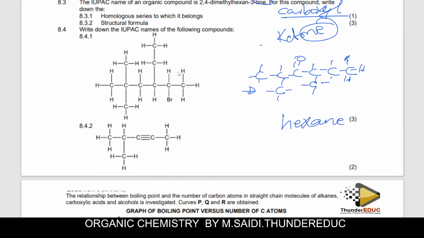Now I need to find the side groups. Even this one has the longest chain, that is fine. So this and this are side groups.